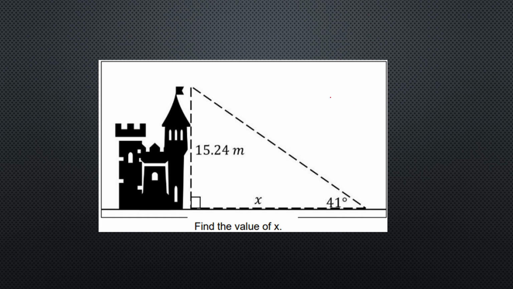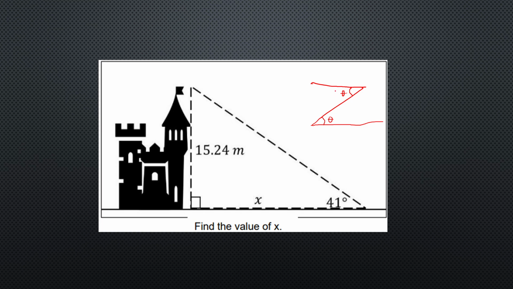Why is that part of the angle of depression? In geometry, you have the concept of horizontal angles, which basically goes like this. If you have an angle here, let's say that angle is theta, then this angle is also theta.